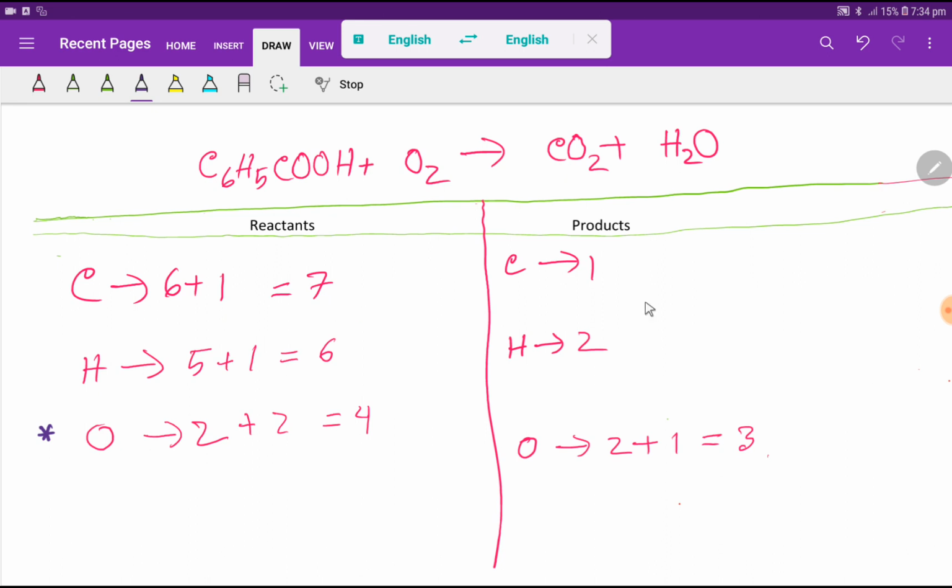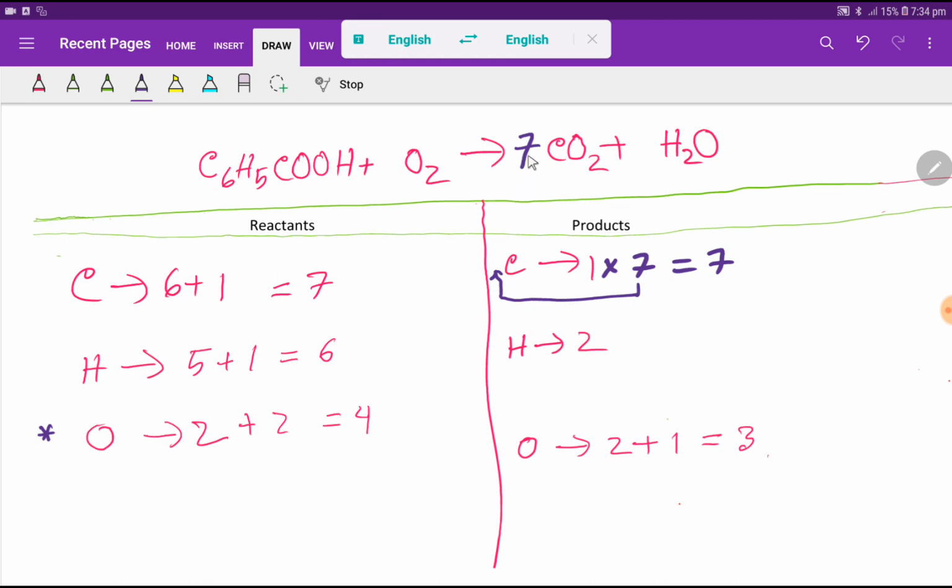Here 7, but here 1. So to balance the carbon, what can I do? I can multiply here by 7, that gives me 7. This 7 must come before this carbon, that is here. Look, if you multiply by something, that something must come before the atom.